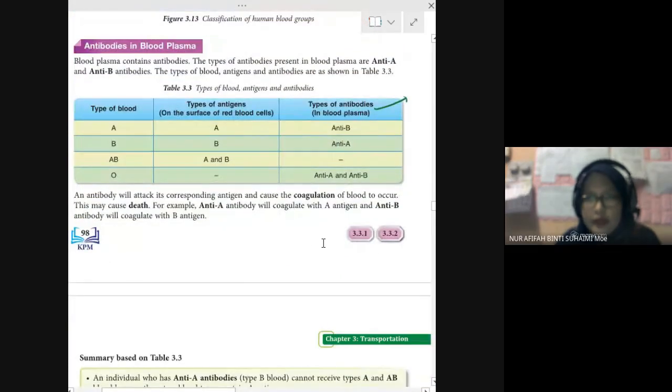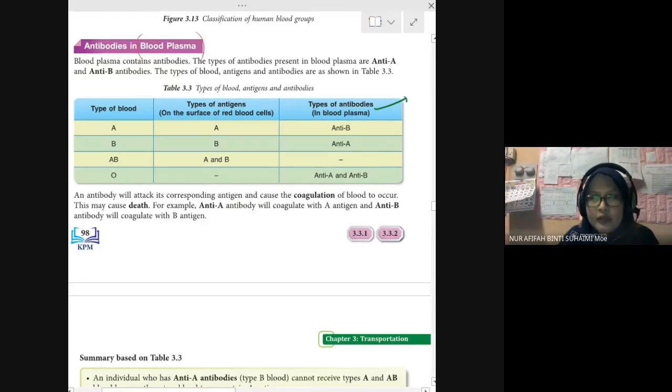Antibodies in blood plasma. If you want to know whether we were exposed to COVID-19 or not, we take your blood and we measure the antibodies in your blood plasma.